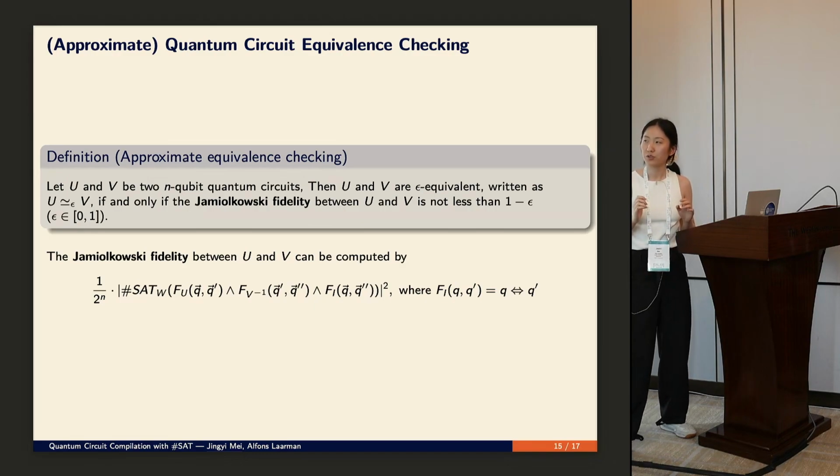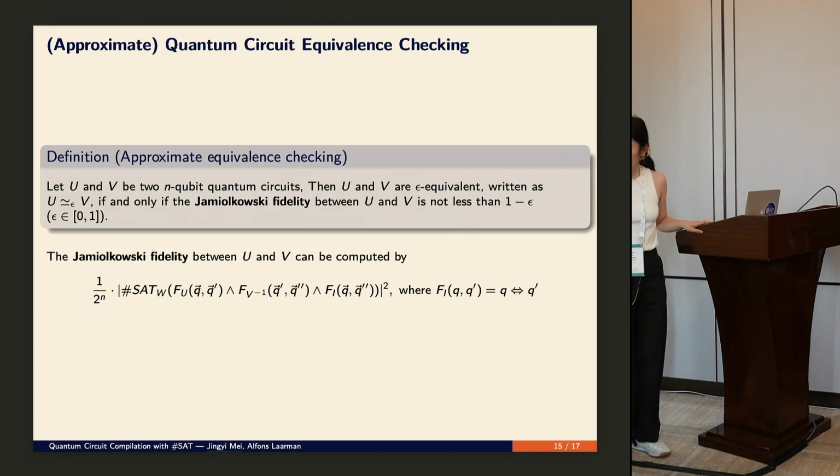We will not go into the details, but our results show that if given two circuits, U and V, we can encode F_U, using the method we showed before, and we can encode V dagger. So to check the equivalence between U and V, instead we check the equivalence between U V dagger and the identity circuit.